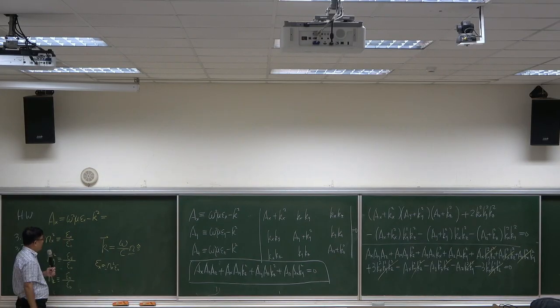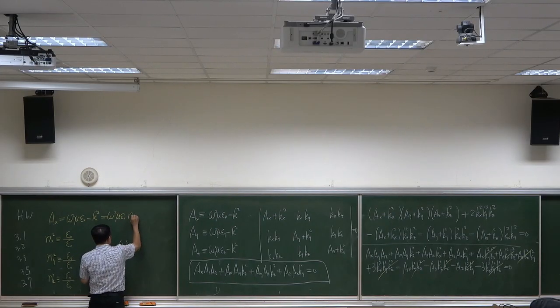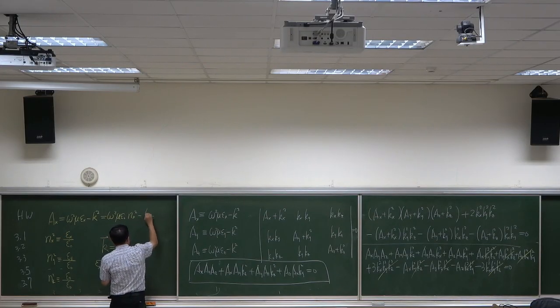So this is equal to omega squared mu epsilon naught times nx squared minus omega squared over c squared times n squared.